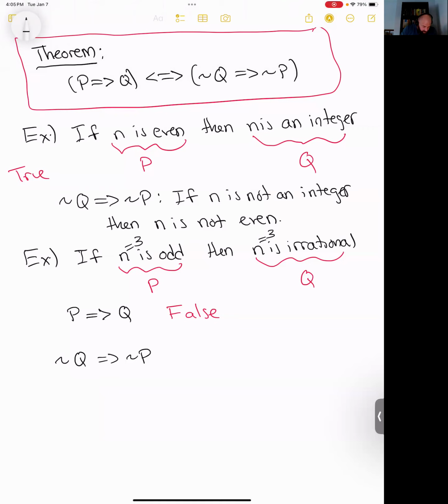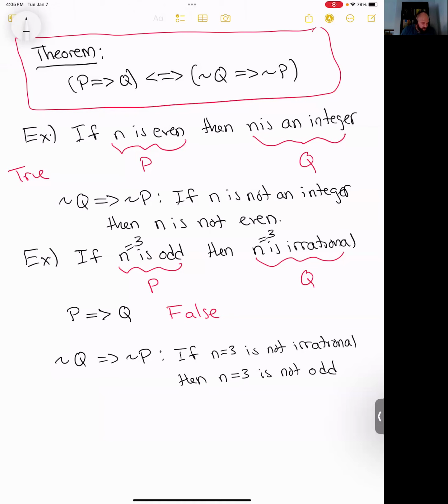So let's see. The contrapositive is if n equals 3 is not irrational, then n equals 3 is not odd.